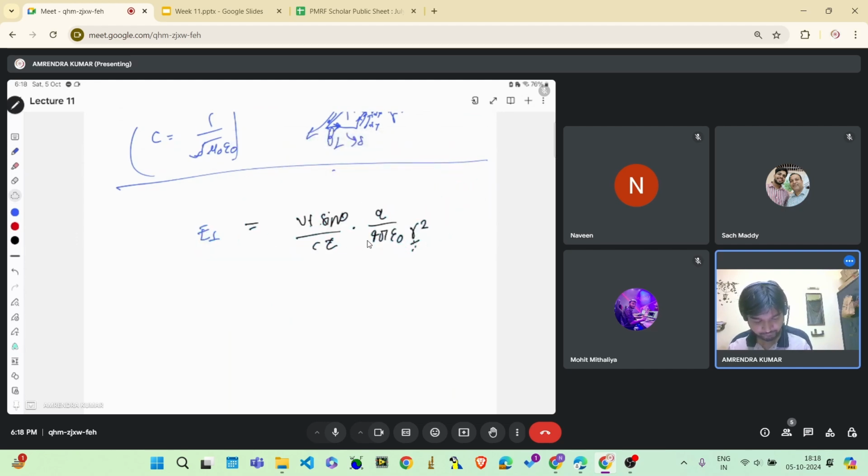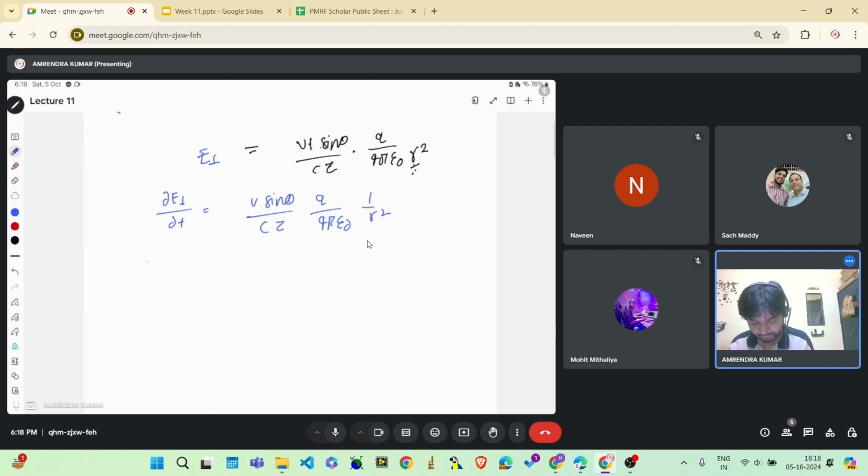This was the del E over del T we calculated: B sine theta, theta Q over 4 epsilon naught 1 over R square.